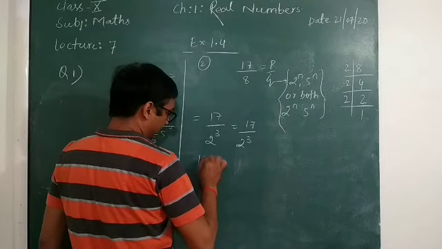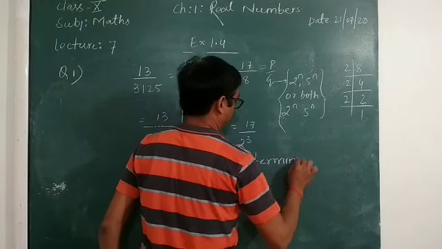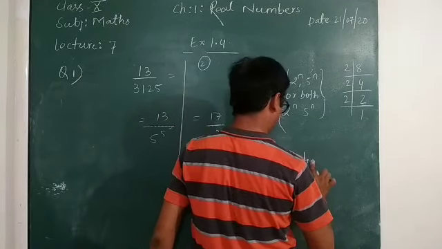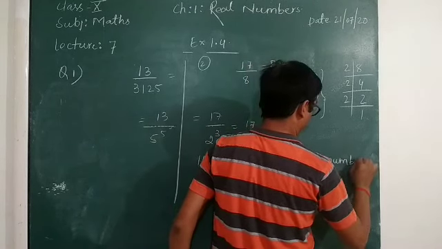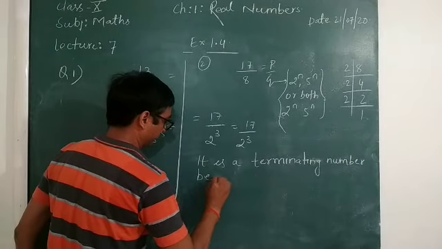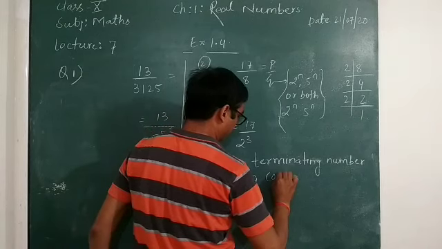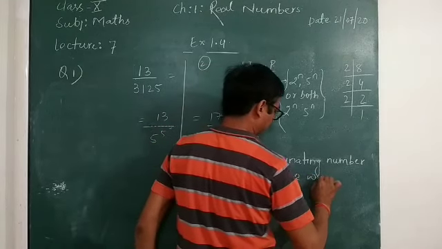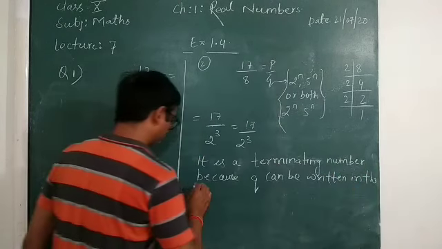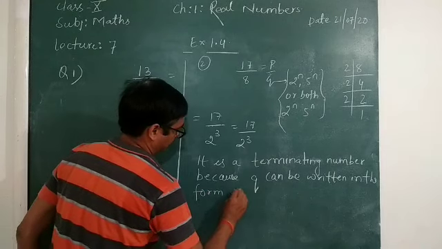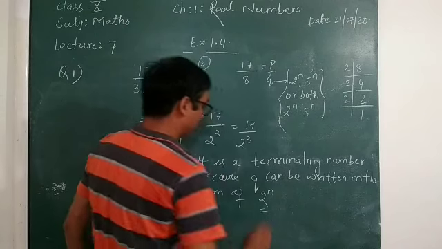Hence you can write it is a terminating number because q can be written in the form of 2 raised to power n here.